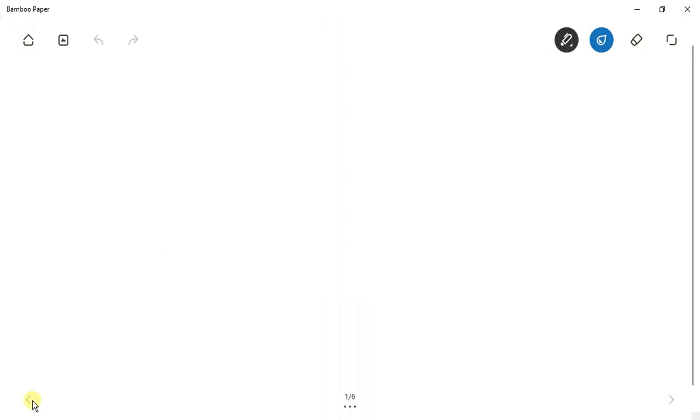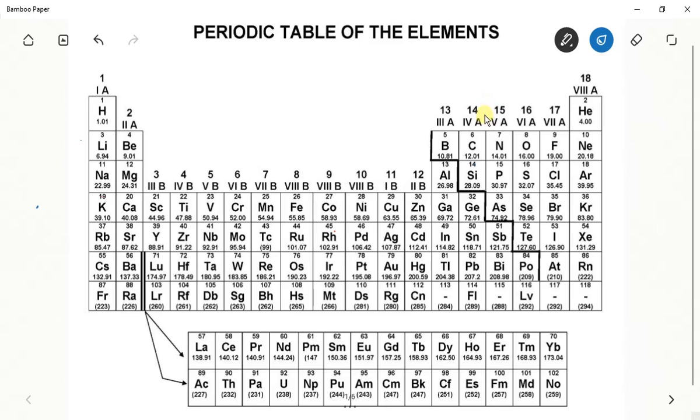So let's see the periodic table. Carbon is kind of on the right hand side, in column number 4 in group A. And here is the number at the bottom of the square, 12.01. So 12.01 grams equals 1 mole of carbon. But we don't have 1 mole of carbon, do we?